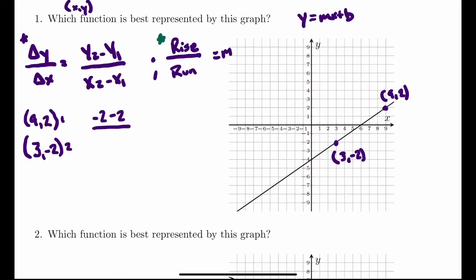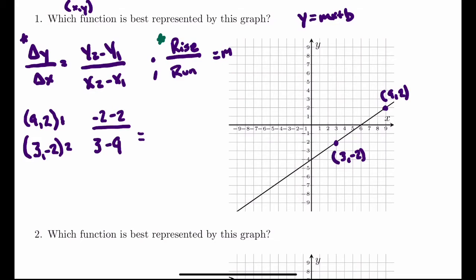And then x2 minus x1, we're going to look at the 2 and the x for that, and that is 3, subtracted by x1. Here's 1, and then that x for that ordered pair is 9. So we have this.